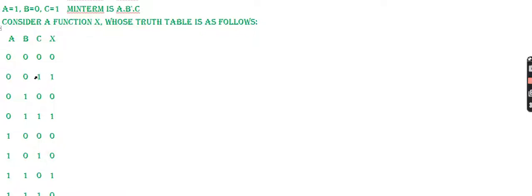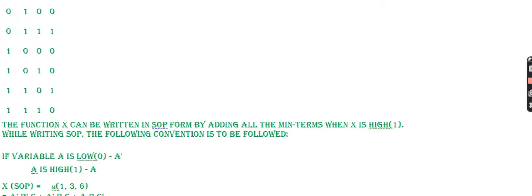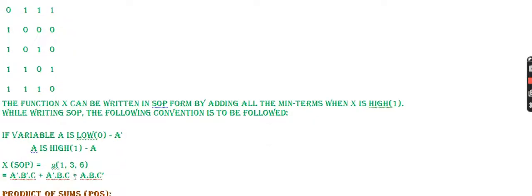So here, where all the 1s are highlighted, just note here. The 0, 1, 2, 3, 4, 5, 6 terms: 1, 3, 6. For these terms only you have highlighted, that means you have a high signal as output. Can you observe this?